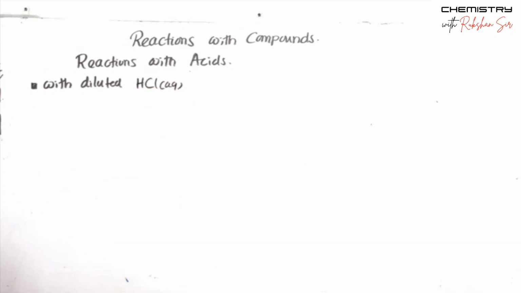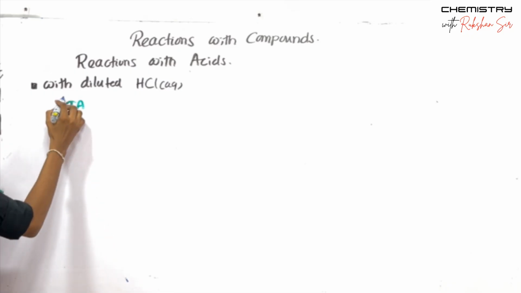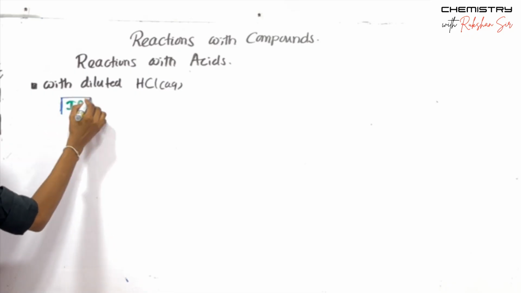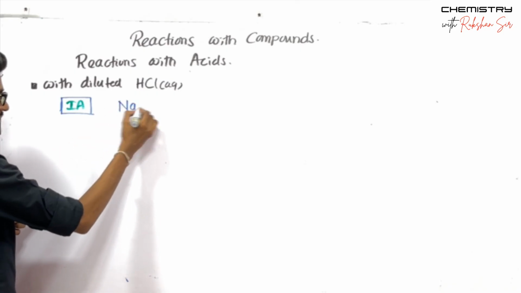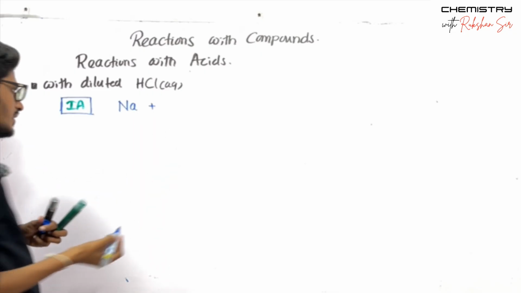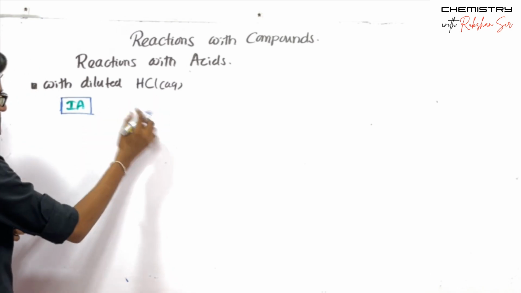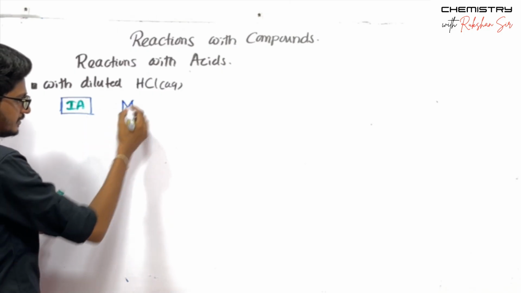The thing is very simple now. If you refer to the reactions with group 1A, let's take it as M, representing all the metals of group 1.